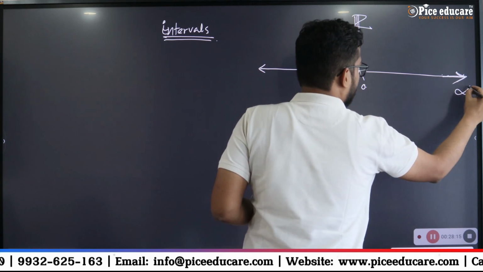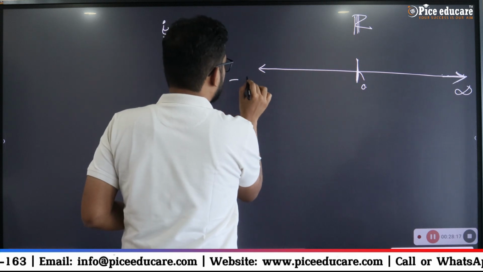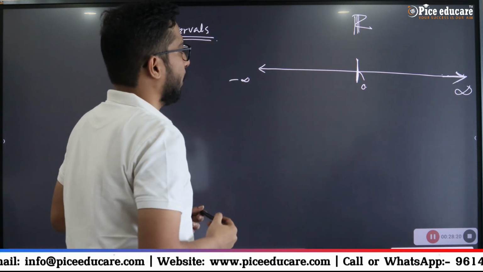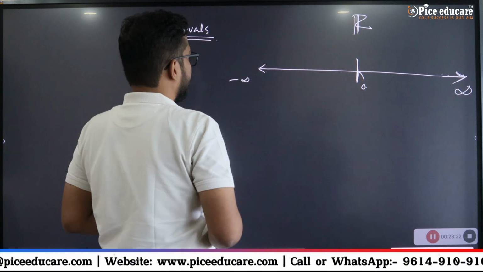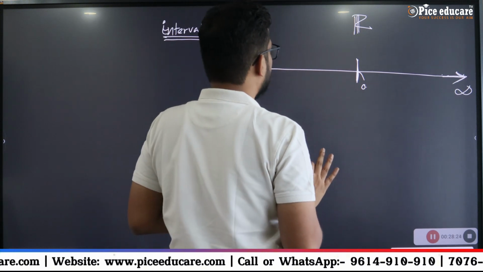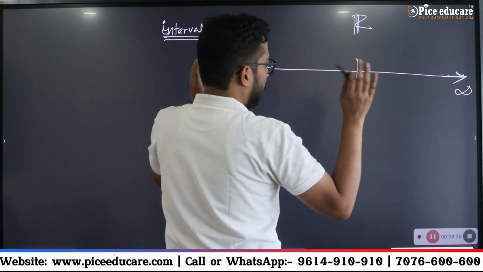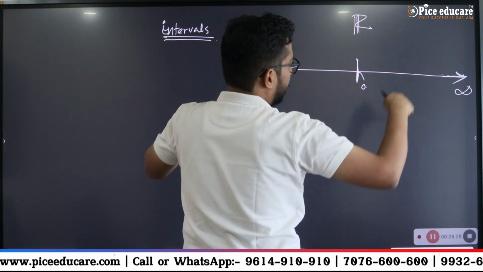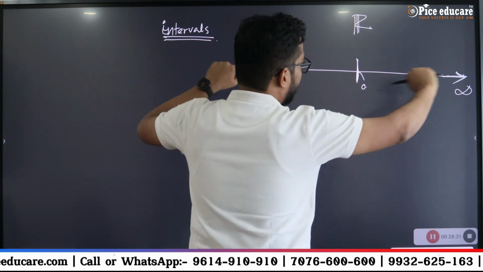This is our positive infinity and this is negative infinity. Every real number that can be there is present on this line, this line of infinite length.